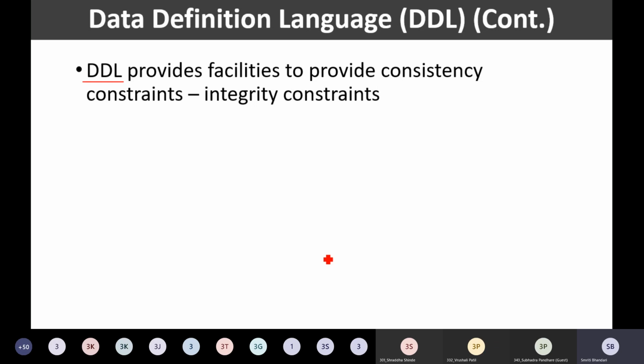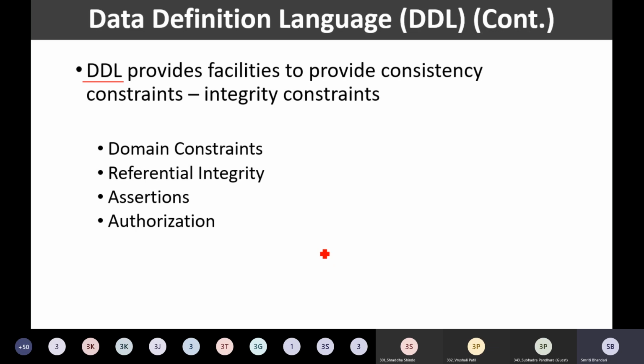So as I stated earlier, data definition language provides some kinds of consistency constraints or integrity constraints. We have seen one such constraint while defining the table student, right? And that constraint was actually the domain constraint. So what are constraints actually?